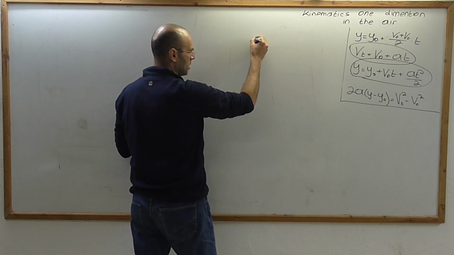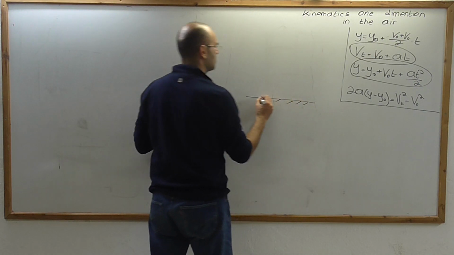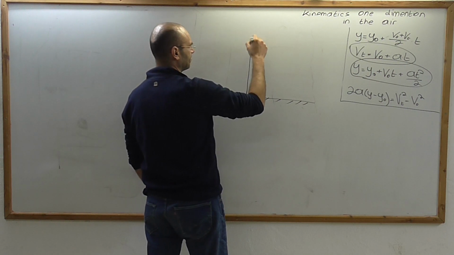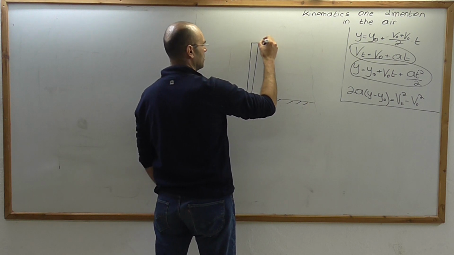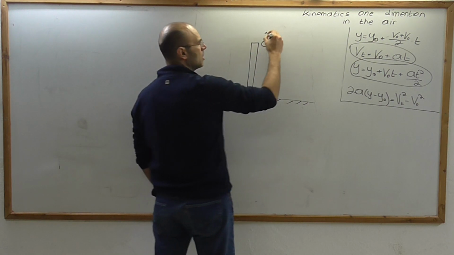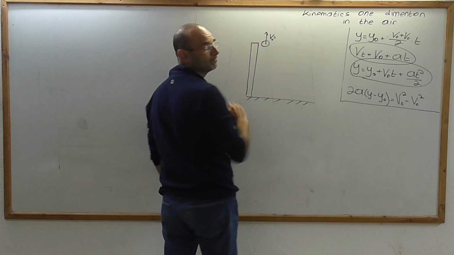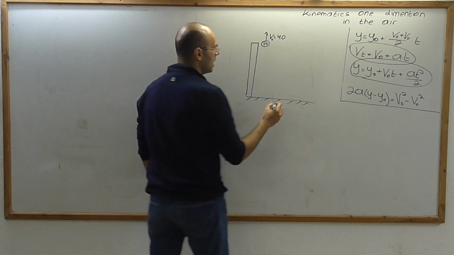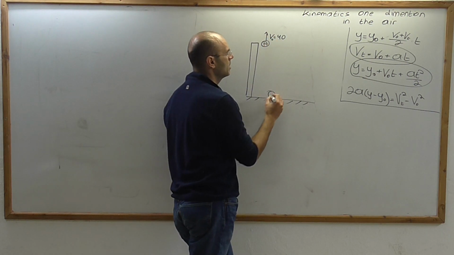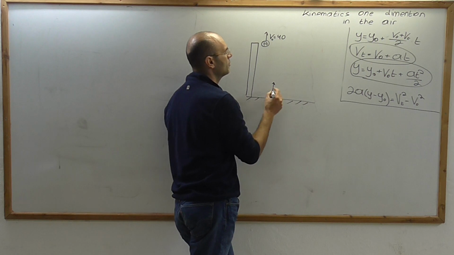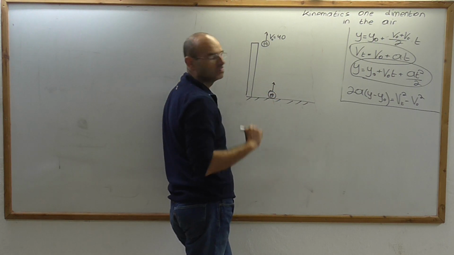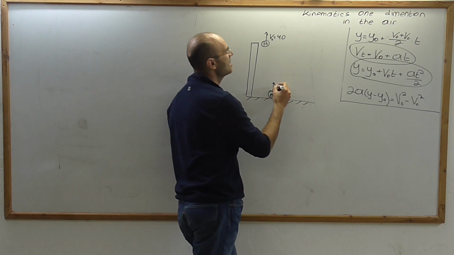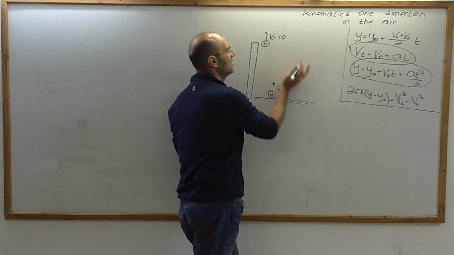So one more. I have a tower. And let's say I have a ball here. I throw it up at a velocity of, it doesn't matter, 40. Let's call this ball A. And I throw another ball here, B, at a velocity of, let's say, I really don't care, let's put 60, okay?